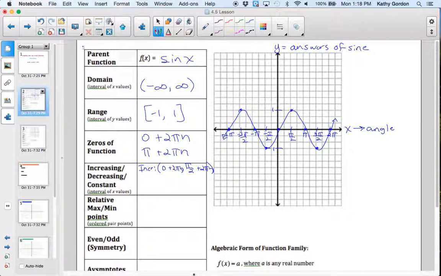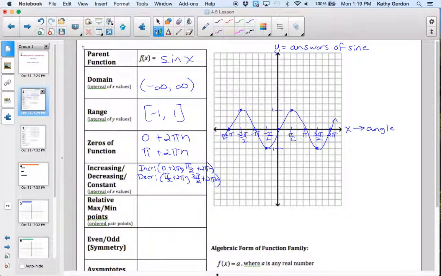So every time it repeats itself over and over again. Okay? Same thing for the next piece. The next piece is decreasing. It's going to go from pi over 2 until 3 pi over 2. So that's the interval on the 1 period. We then represent every period by adding 2 pi n to those two values.